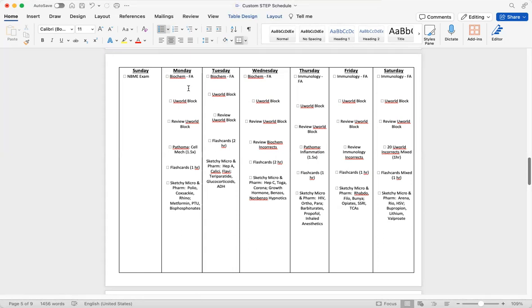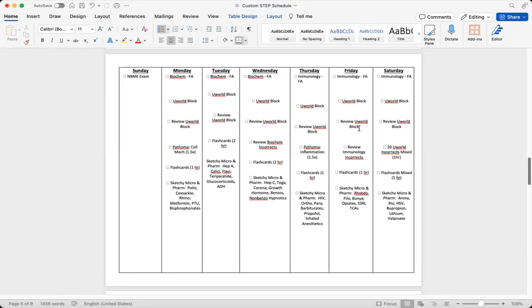The vitamins are important to know what they're good for, but don't memorize every little thing about the vitamins. The reward versus sacrifice is not going to pay out, in my opinion. Same goes for immunology.